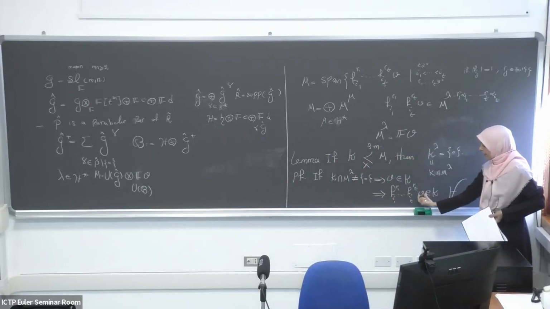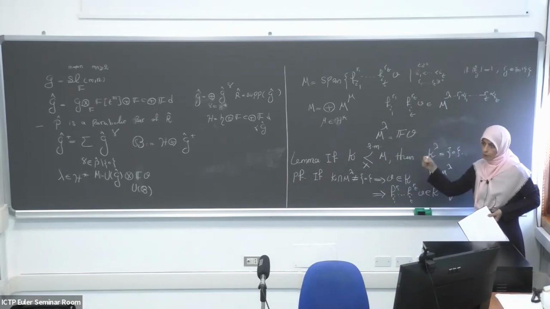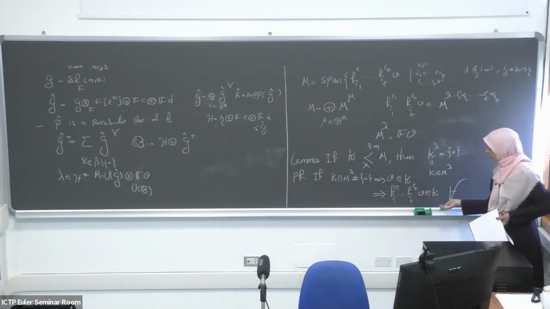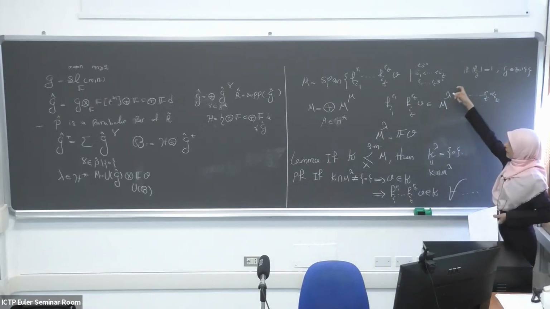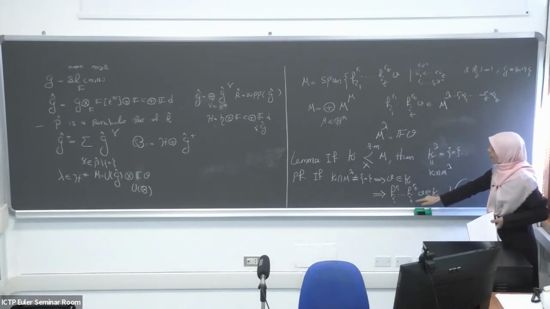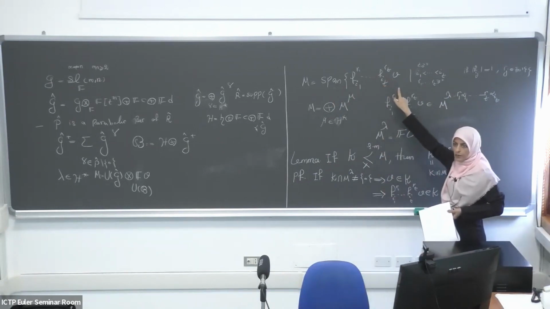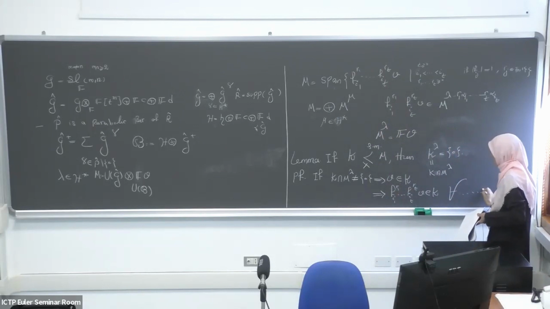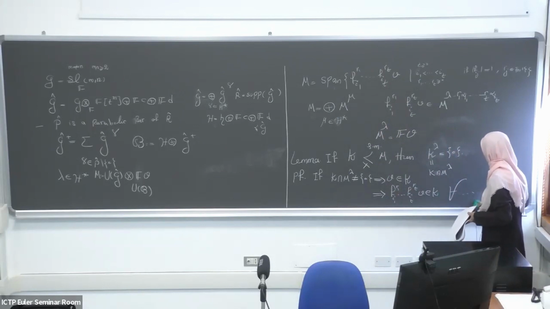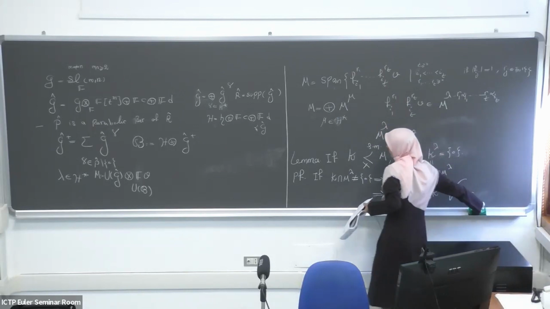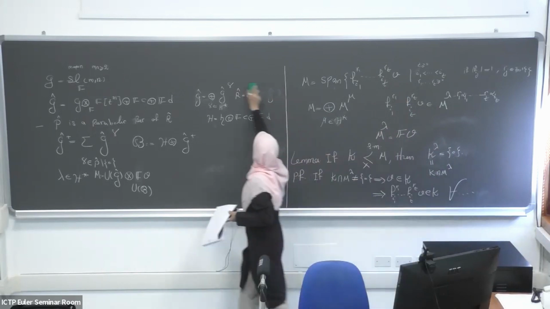Because it is a submodule, and a submodule must preserve the module action. So this is an element of K for all indices like this. But we know that M is exactly the span of these elements. So it means that K equals M.